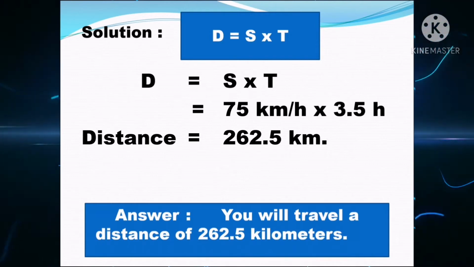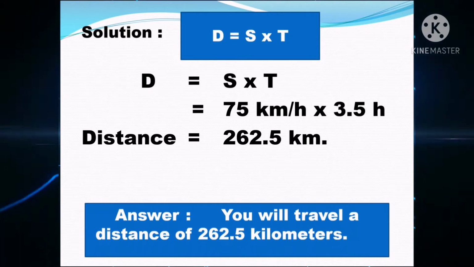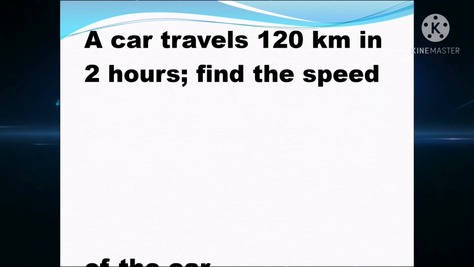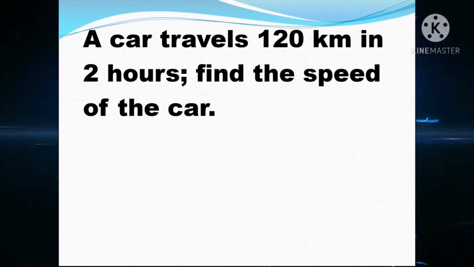So, in this situation, you will travel a distance of 262.5 kilometers. Now, let us proceed to our second example. A car travels 120 kilometers in 2 hours. Find the speed of the car.